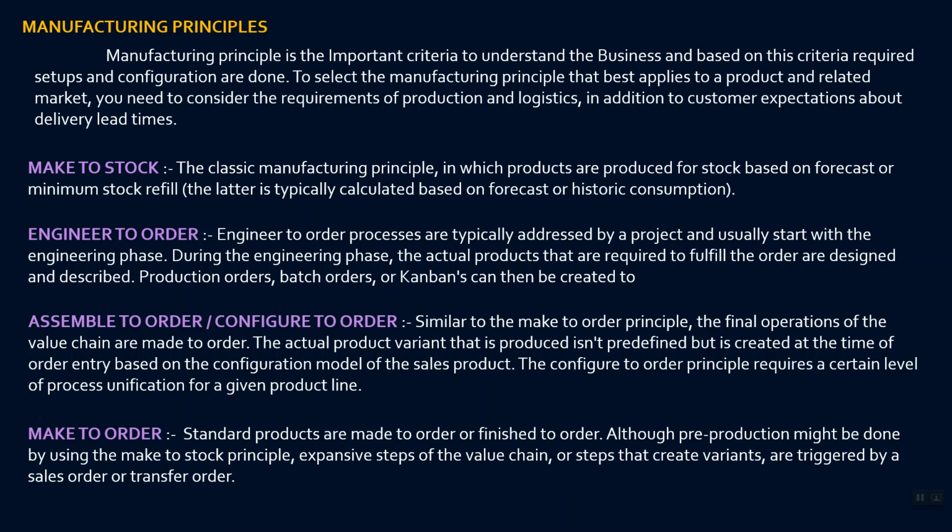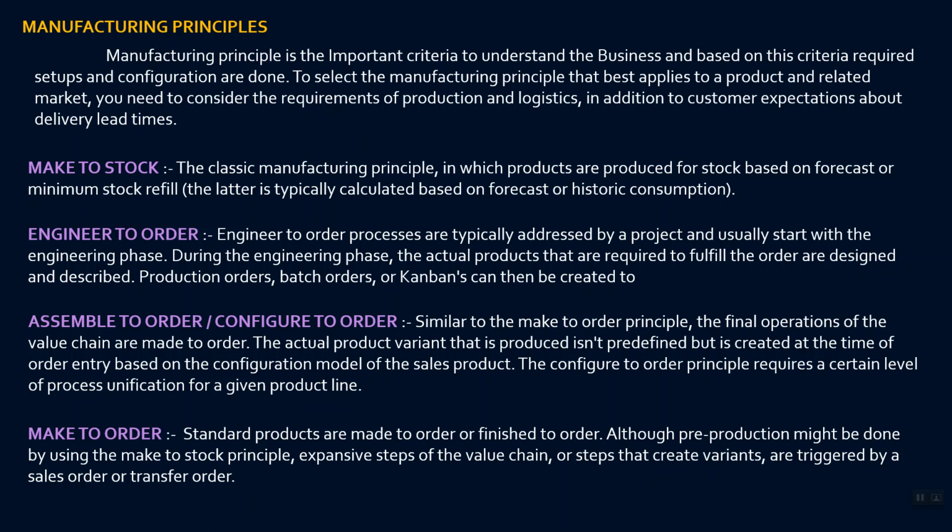Same make to stock items are there, but as the components are expensive, you don't purchase those components. When you get an order, you purchase it, assemble it, and then deliver it. It is the same product like make to stock, but as the components are expensive, you don't have that material in hand. You will do a just in time supply chain process where you get the material based on your orders.